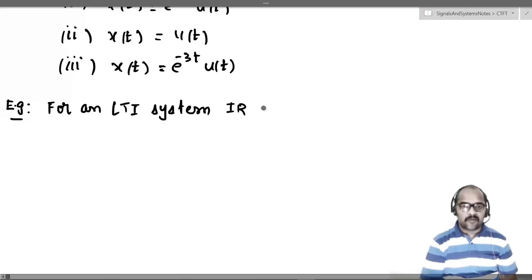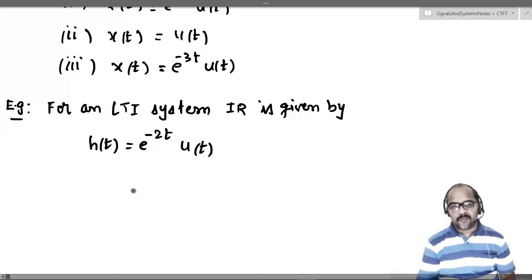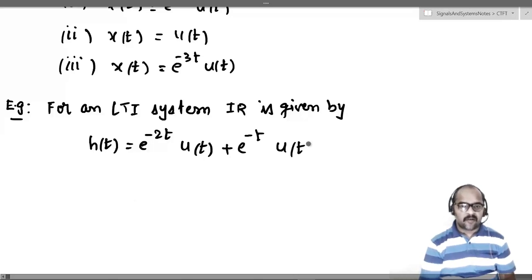Let's say the impulse response is given by h of t equal to e power minus 2t u of t plus e power minus t u of t.